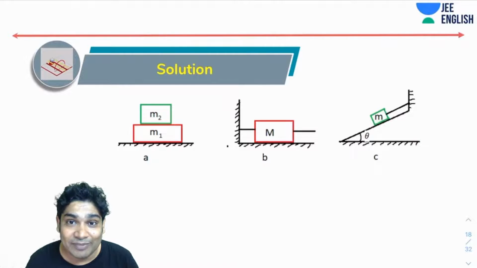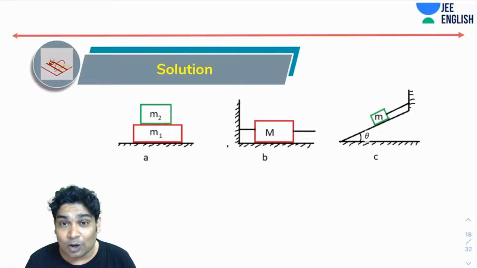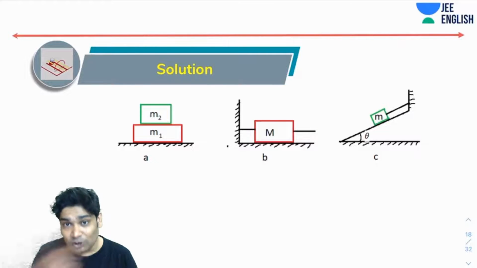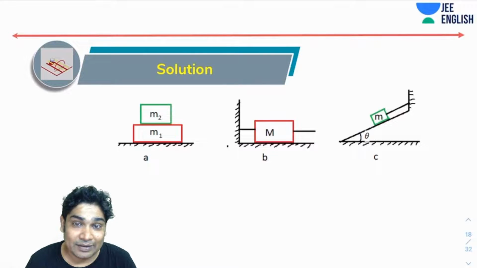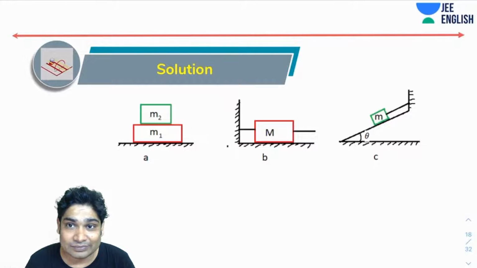So draw your own FBDs, then I will start drawing, and you can check if you drew them correctly. I hope you are all making your FBDs. Make them quickly, following those steps, and then let's see if you are making the right FBDs or not.